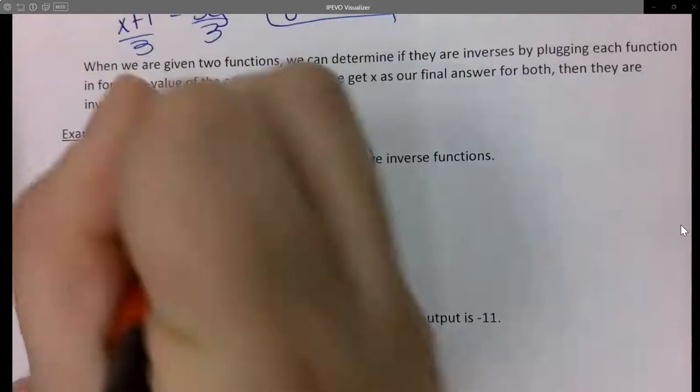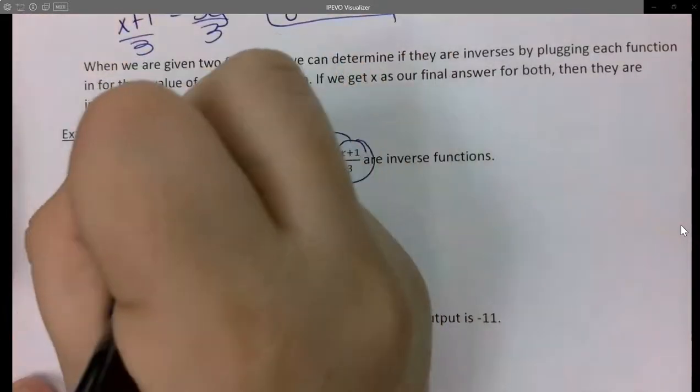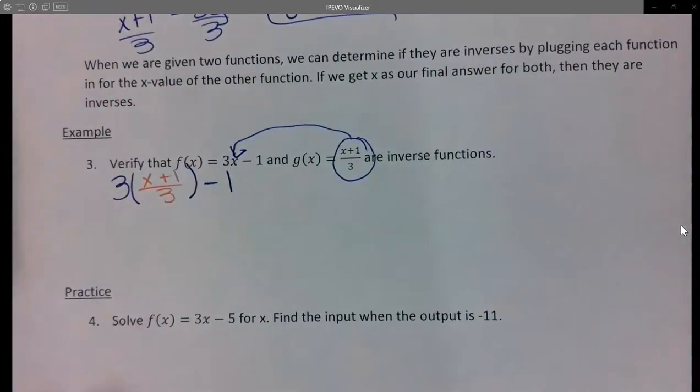So I'm going to have x plus 1 over 3, and then minus 1. Then I want to simplify this.